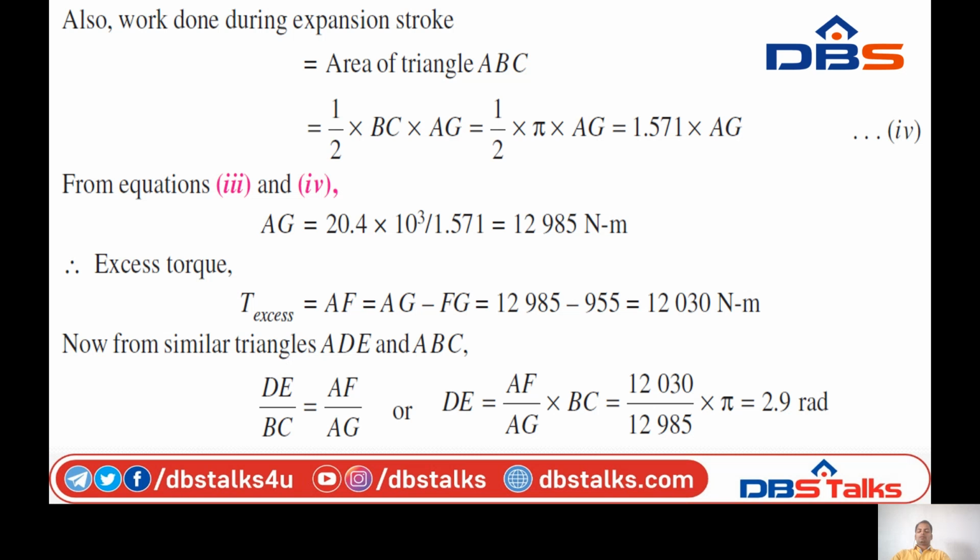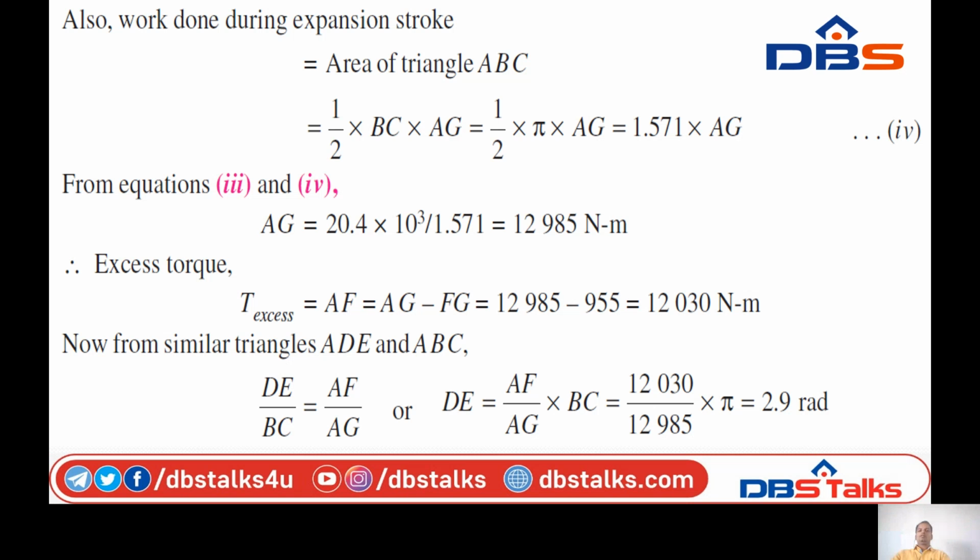So the mass of the rim of the flywheel required for maintaining a speed difference between 202 and 198 is about 1381 kg. That is only the mass.